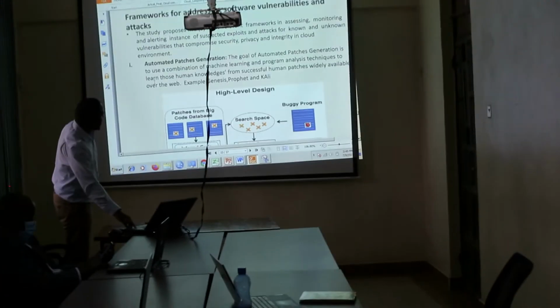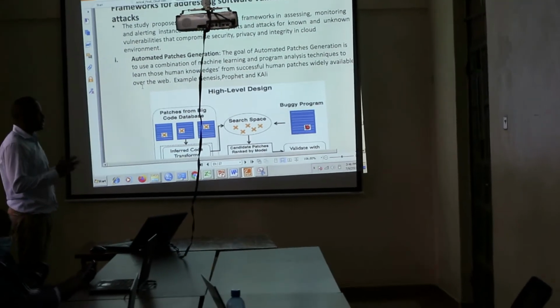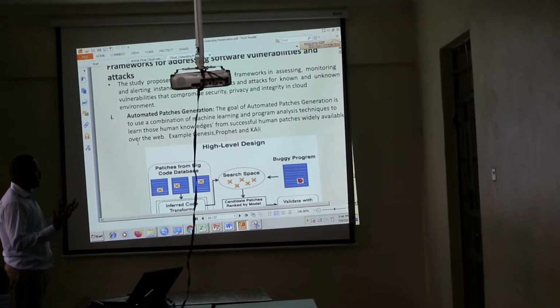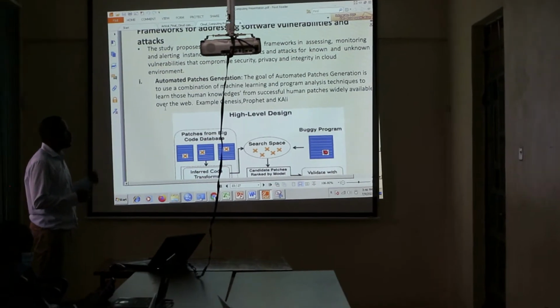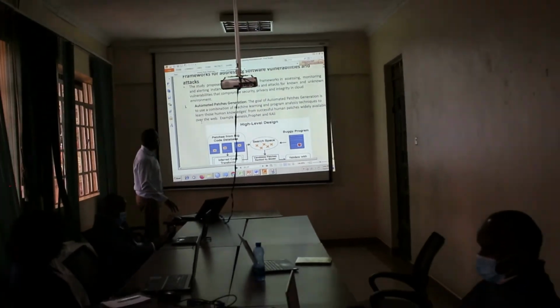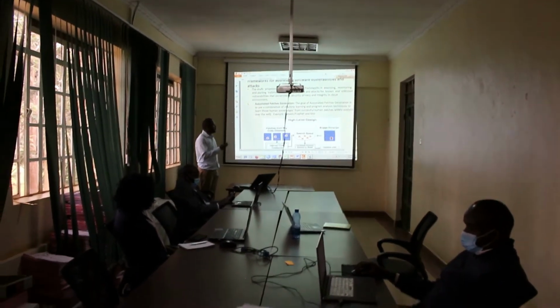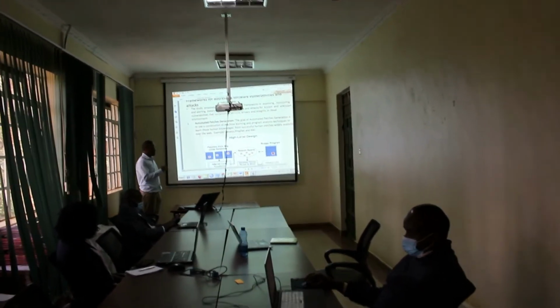Automated patch generation is a machine learning-based technique. It uses a combination of machine learning and program analysis techniques to learn human knowledge from the success of human patches widely available on the web.